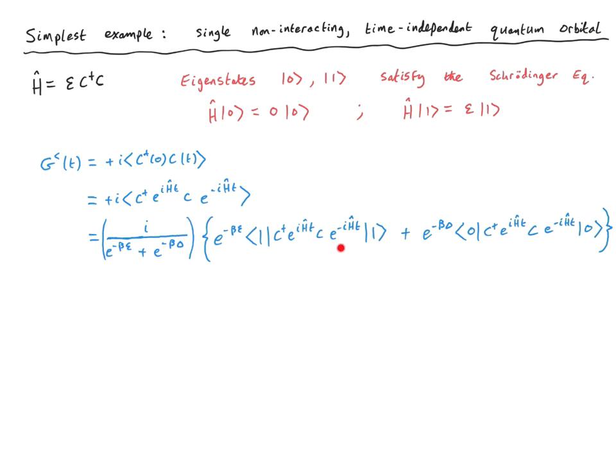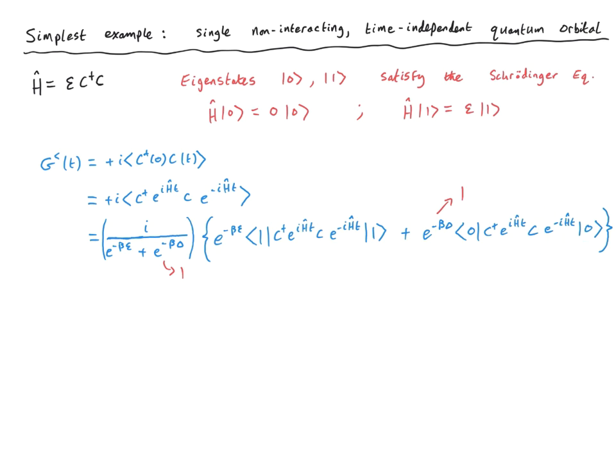The operators inside these matrix elements are the same. It's c dagger, e to the iHt, c, and e to the minus iHt. We can already make a simplification here, because e to the minus beta 0 is, of course, simply 1. We can also immediately evaluate e to the minus iHt acting on the 1 state, or e to the minus iHt acting on the 0 state.